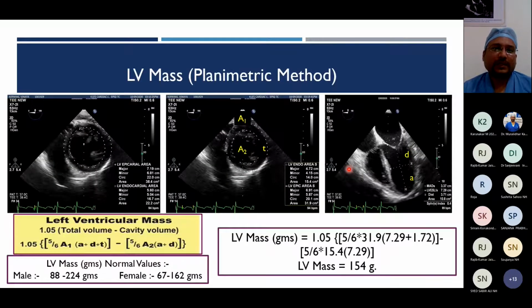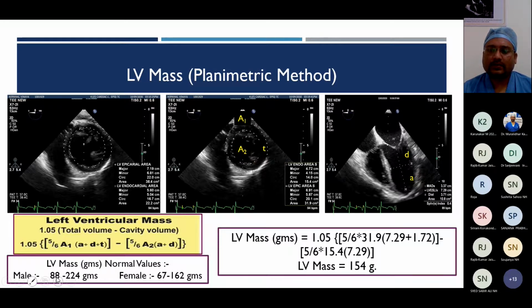Coming to the last measurement, that is LV mass. LV mass can be calculated in the transgastric mid-short axis view. Here the assumption is the left ventricular mass is equal to 1.05 times the total volume of the LV minus the cavity volume of the LV. If we calculate it by the area length method, the 2 areas and volumes are calculated by area length, and LV mass can be calculated according to both the areas.